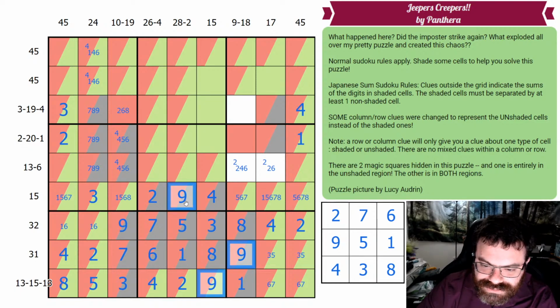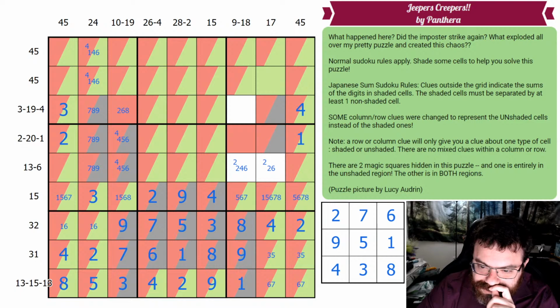Yeah, we have 9s already in all 3 of these columns. So these aren't the center. What about here? Let's do here first. Oh, these can't be the center because they can't be 5. So that leaves here or here, I think is what's left.